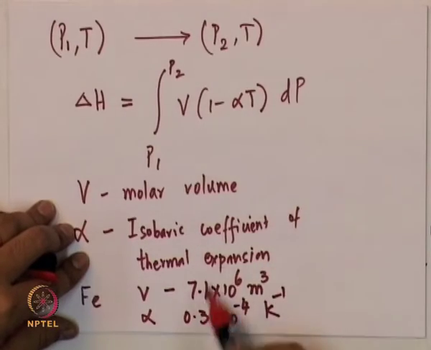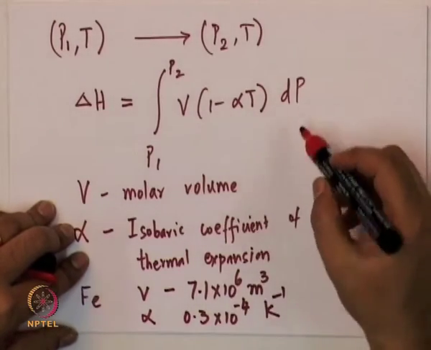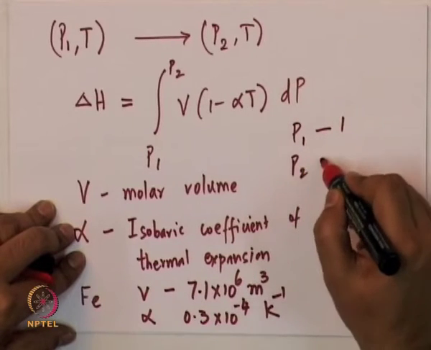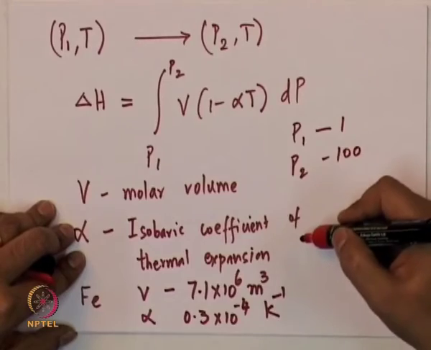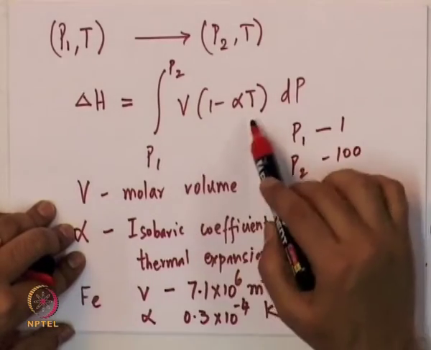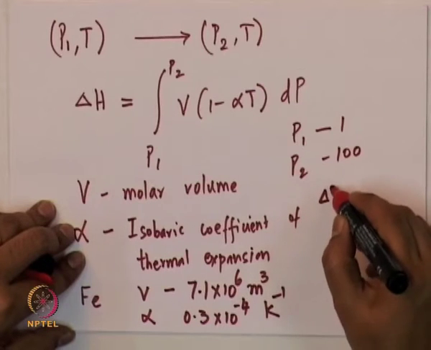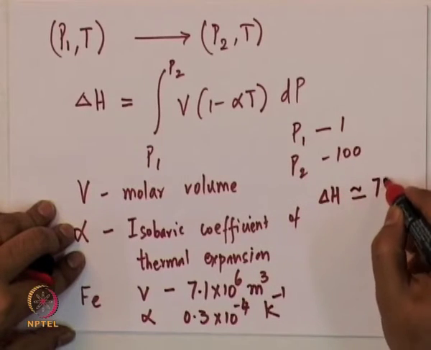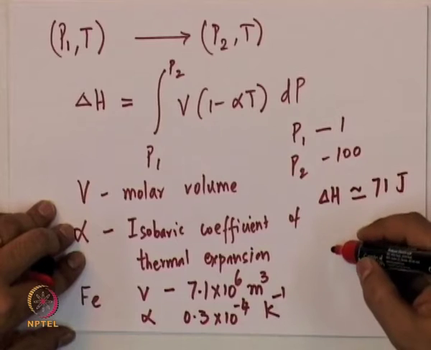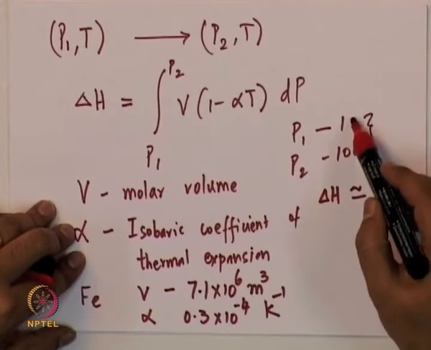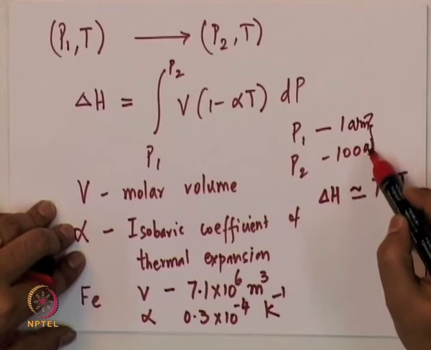If you use these two values, and suppose P1 is 1 atmosphere and P2 is 100 atmospheres, you can calculate this quantity and show that delta H is of the order of 71 joules, but this is for changing from 1 to 100 atmosphere pressure.